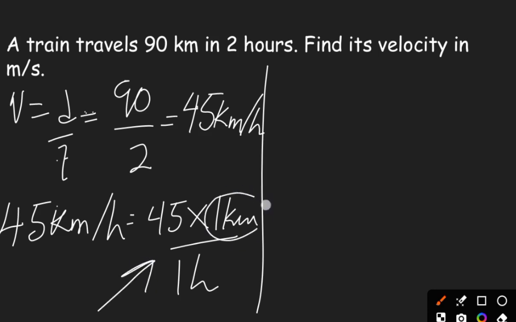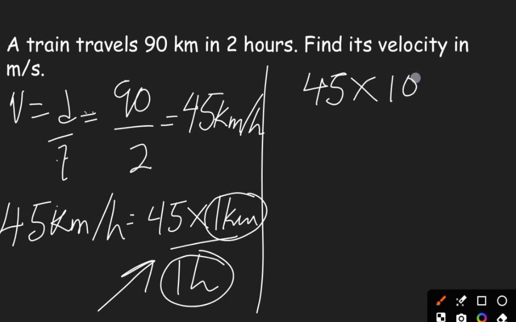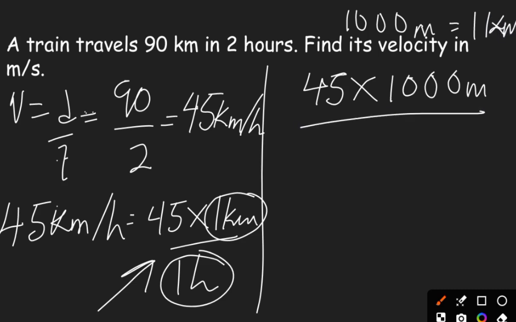Now, ask yourself, you want to convert this to meter per second. So we have to change this to meters, change this to seconds. How do you go about it? So 1 kilometer equals how many meters? So 45 times 1 kilometer. 1 kilometer is 1000 meters. Take note, 1000 meters equals 1 kilometer over 1 hour equals 3600 seconds.